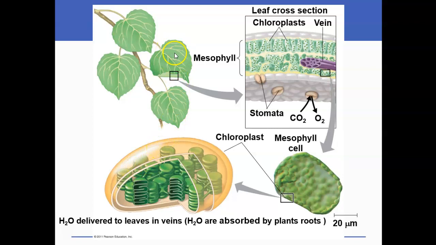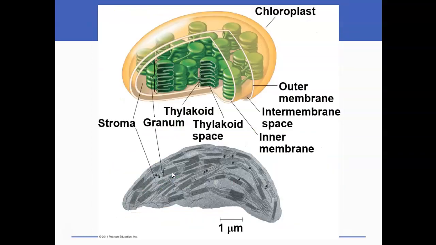So we have a leaf in this example, and we can see these different cells. We can see particular cells within the mesophyll that are filled up with all these green dots. What are each of those green things? Those are the chloroplasts. That is the organelle with the two membranes in which photosynthesis is taking place.